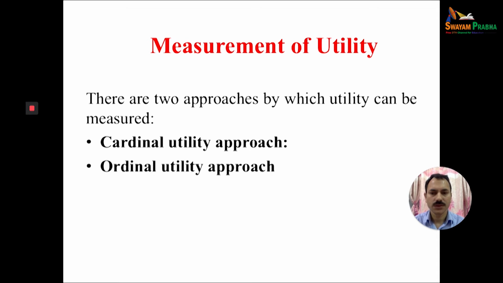In cardinal, it means utility can be measured in terms of numbers, by giving them numbers like 1, 2, 3, 4, 5, 600, 200, etc.